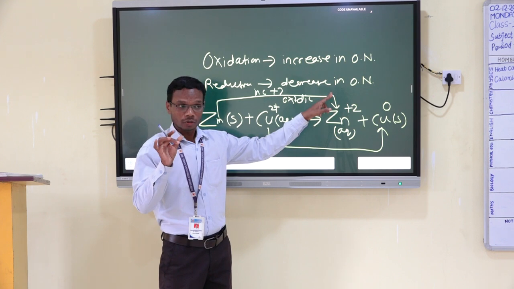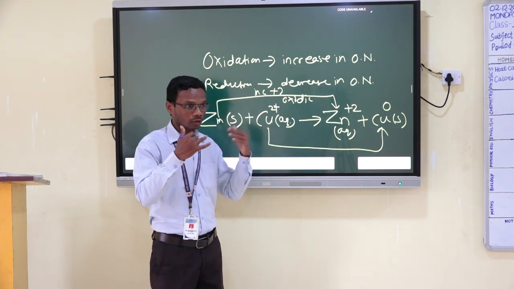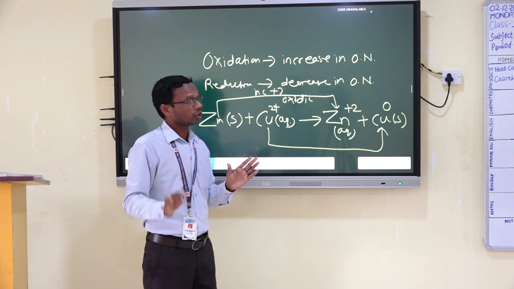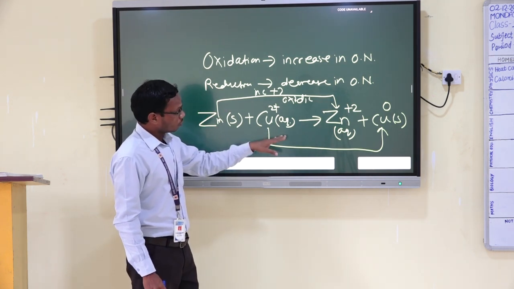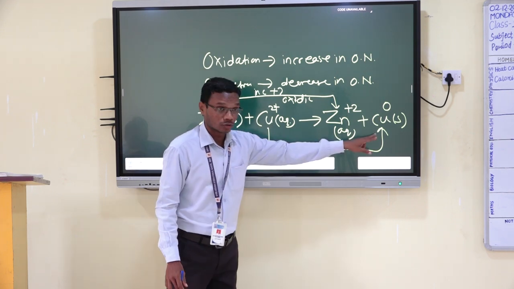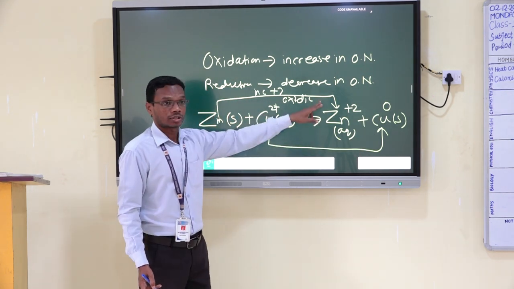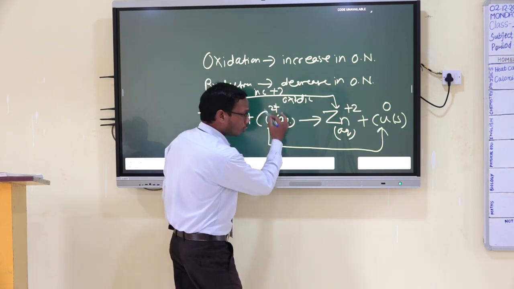Both are the same, but we have to use the appropriate language according to our topic, chemistry language. Now we have to say it is reduced. Cu2+ is reduced due to what? Repeat again: due to decrease in oxidation number, that is +2 to 0.